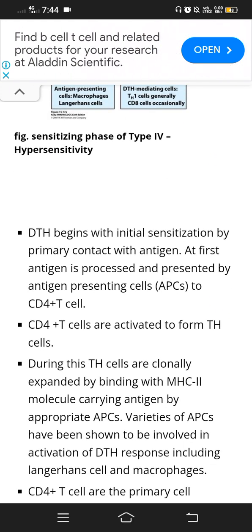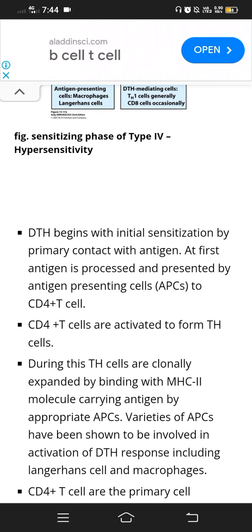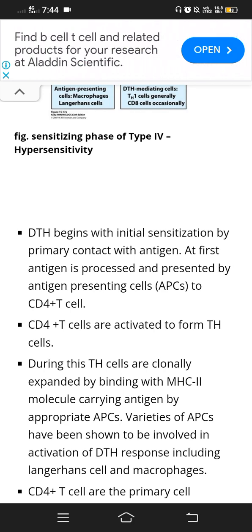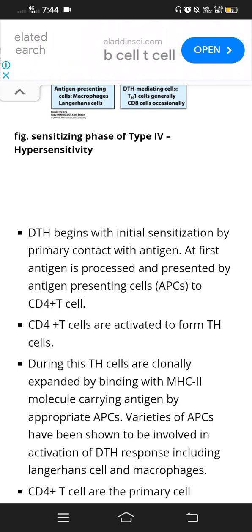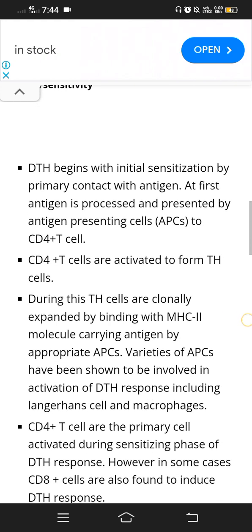DTH begins with initial sensitization by primary contact with antigen. At first, antigen is processed and presented by antigen presenting cells to CD4 plus T cells. CD4 plus T cells are activated to form TH cells. During this, TH cells are clonally expanded by binding with MHC class II molecules carrying antigen on appropriate APCs.